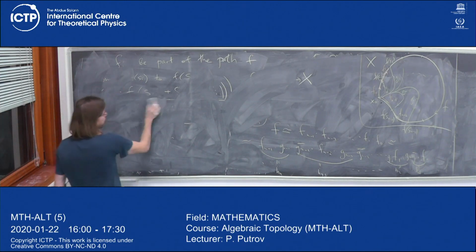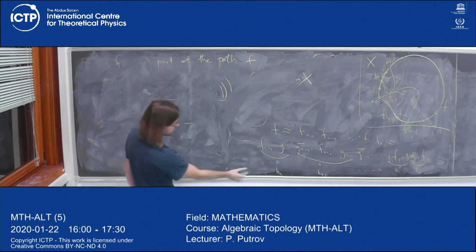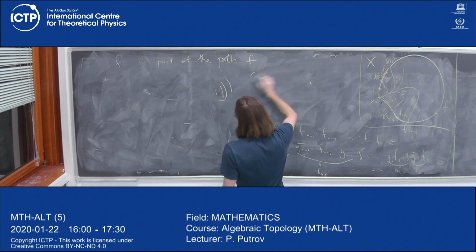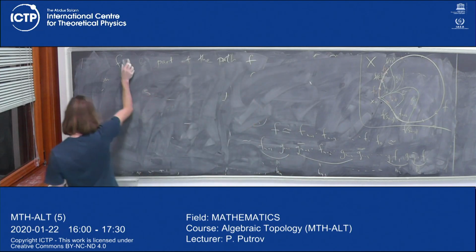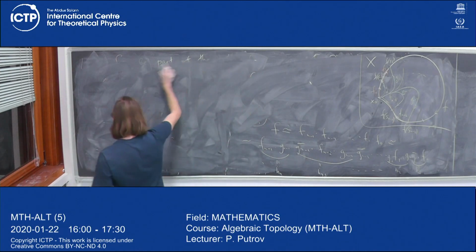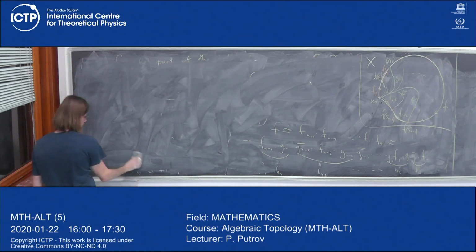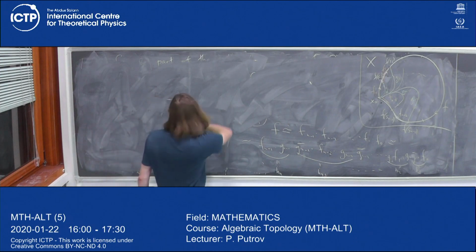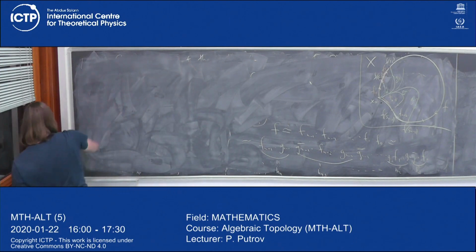So we want to require that each path H lies in some subspace alpha.